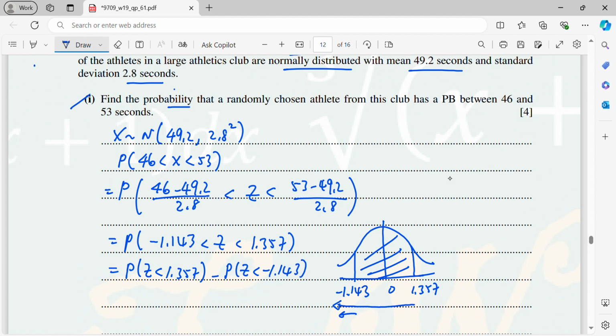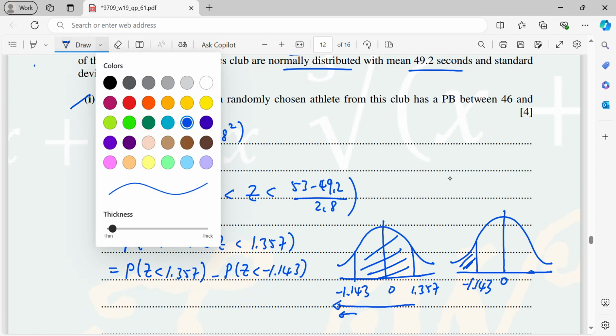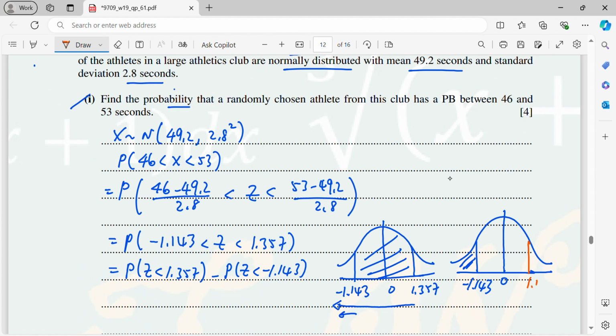For the negative value, I need to draw another graph. Since the critical value negative 1.143 is negative, I flip to the right side, and the region will be the orange region. To get the orange region is basically total probability minus P(Z < 1.143). So I will have to change to that form before I use the table.